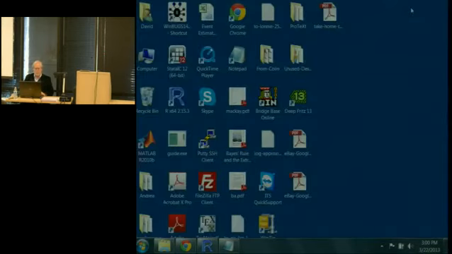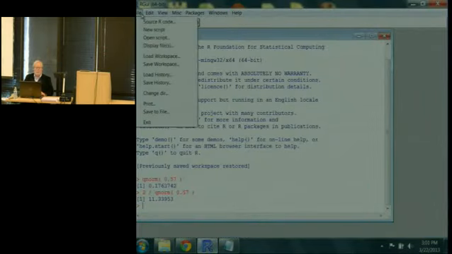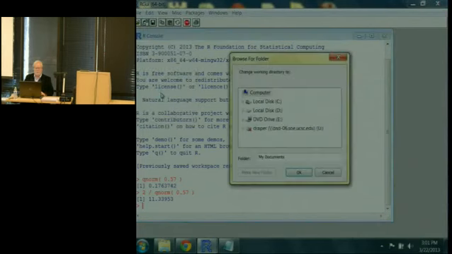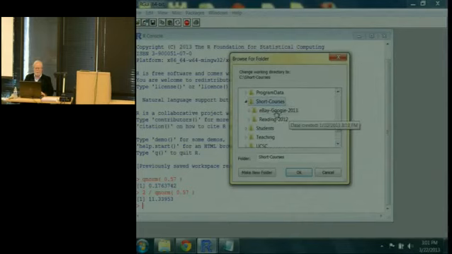So now I want to get into R and change directory to where that stuff is. So let's do that. These data have been altered from their actual behavior in real life to preserve confidentiality.